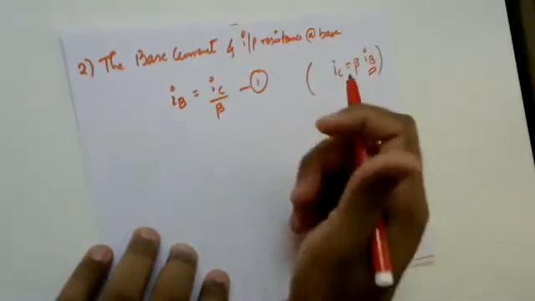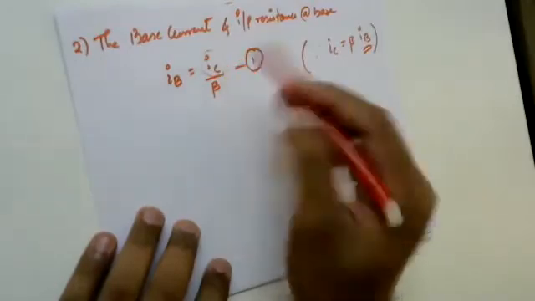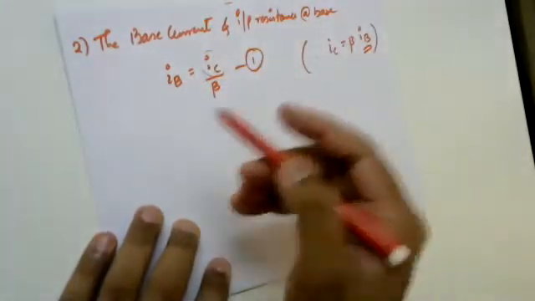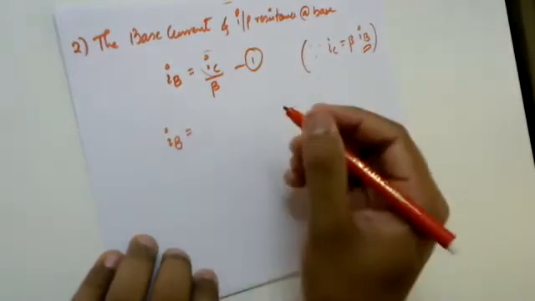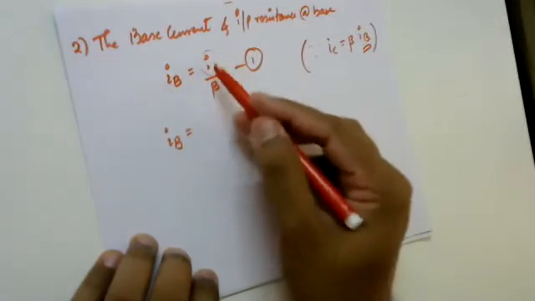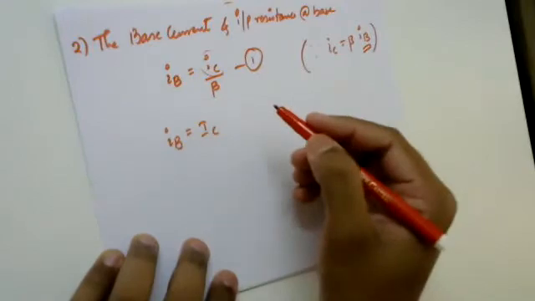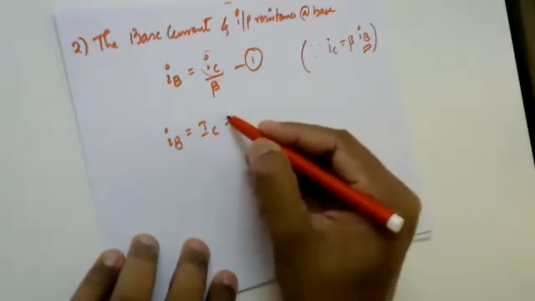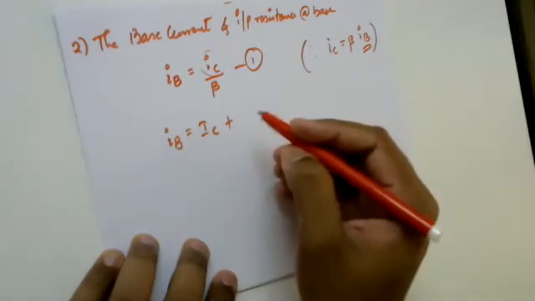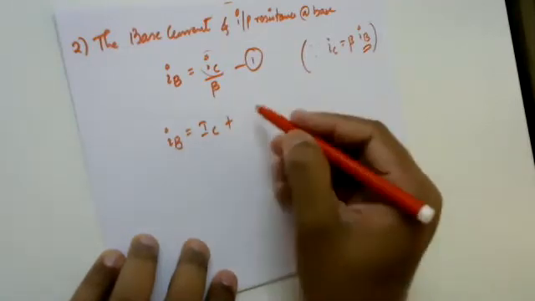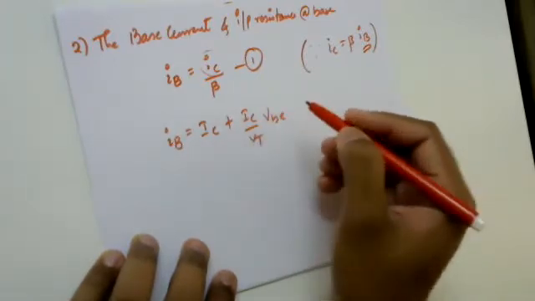Now, what is my equation for IC? I'm going to inherit it from my previous expression. The expression for IB is IB equals this IC, which can be written as IC, a DC component, plus IC divided by VT into VBE.